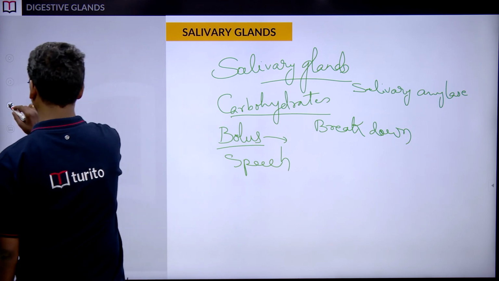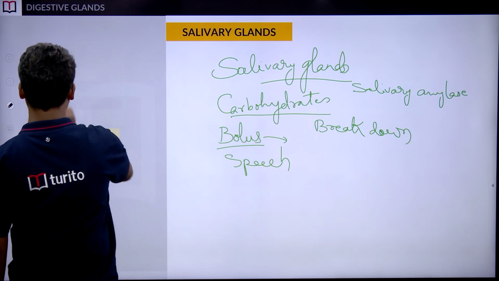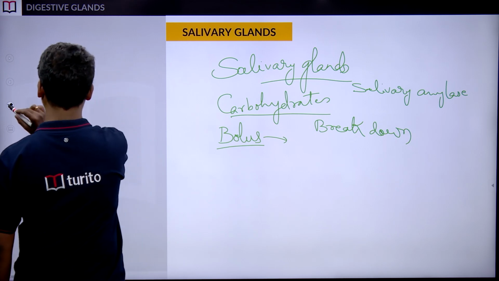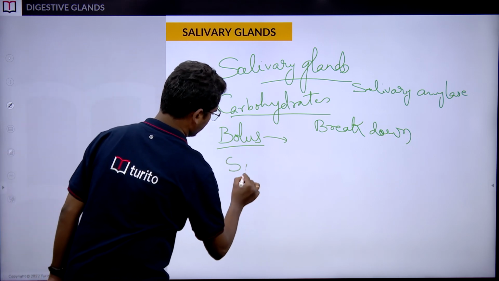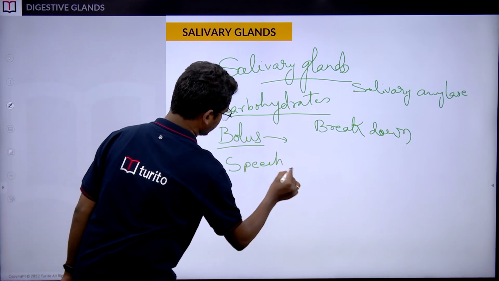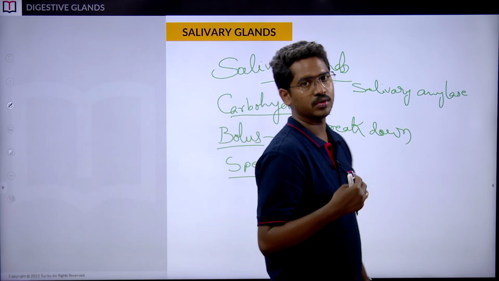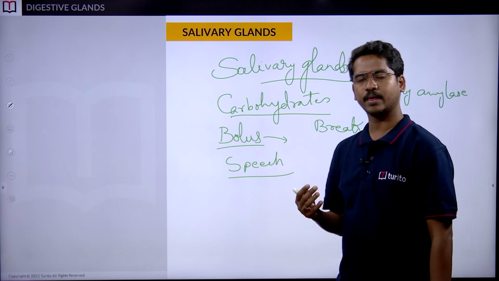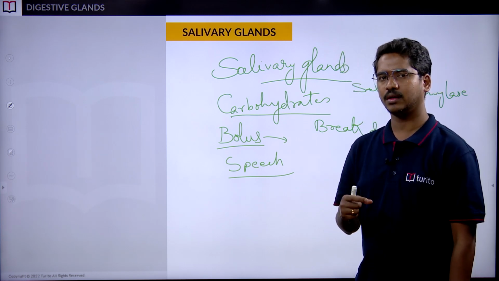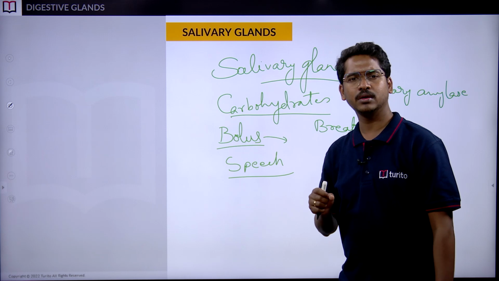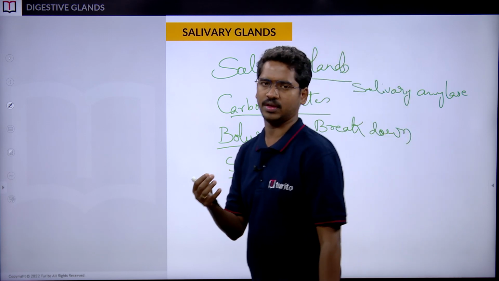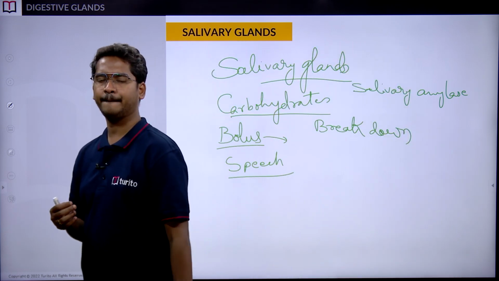Salivary glands help us to speak, that is, they are directly involved in helping our speech, right. Without saliva, I do not know if you have observed it or not, it is really difficult to speak, isn't it? You agree with that, children?